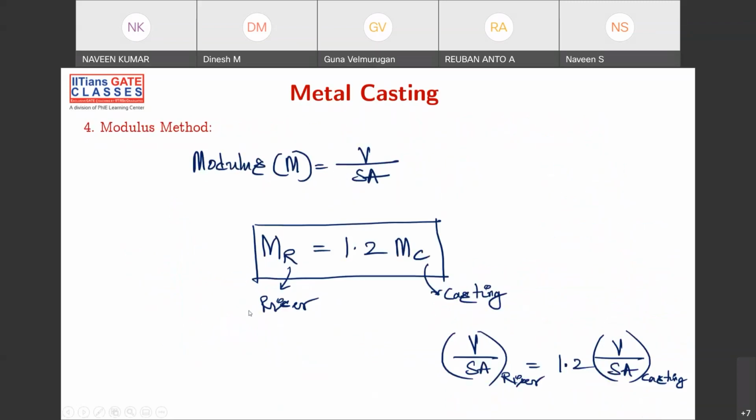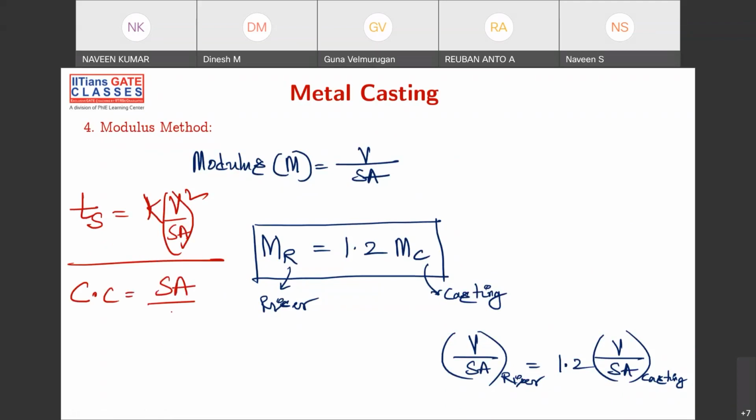Okay. Next, the last method is modulus. There are some confusions, and we should clear them up here. We know that solidification time is equal to A into (V by SA) whole square. Then we decided on cooling characteristic as surface area by volume.